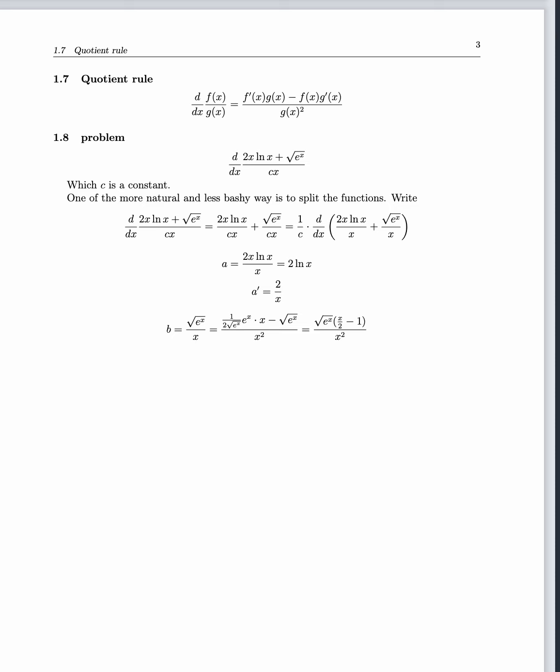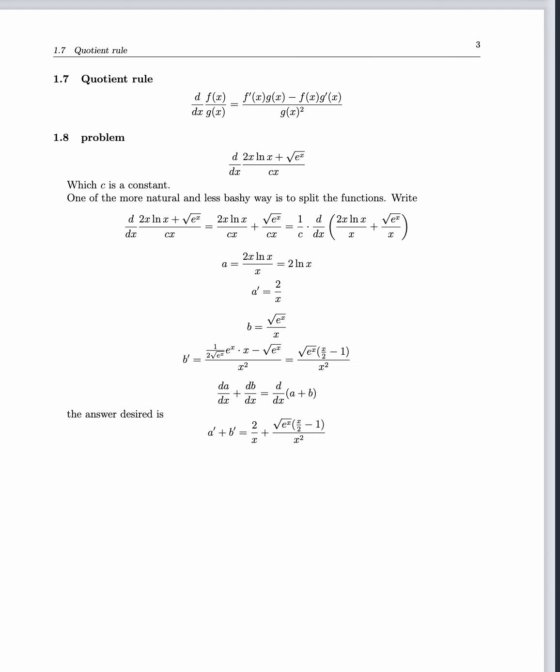The answer we desire is a prime plus b prime, which is equal to 2 over x plus the derivative of part b, and that is essentially our answer.